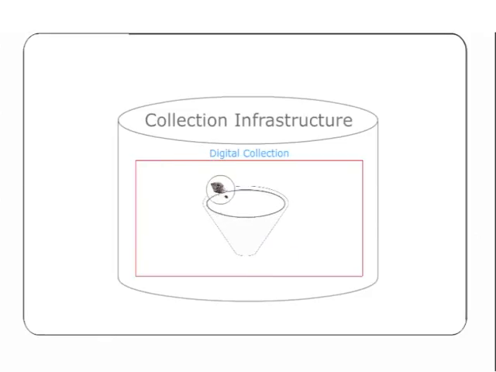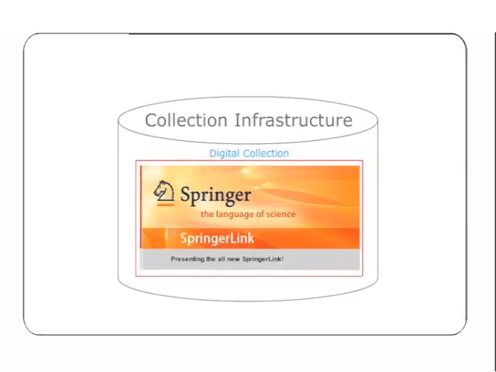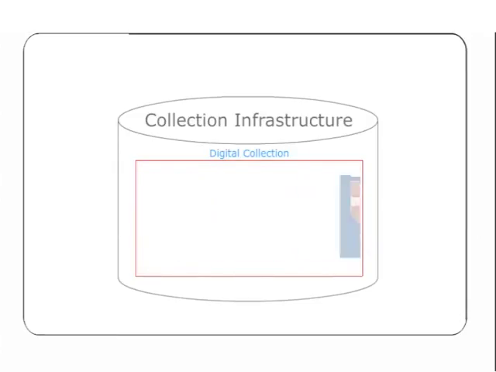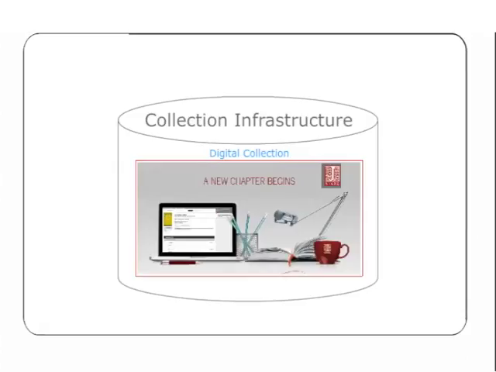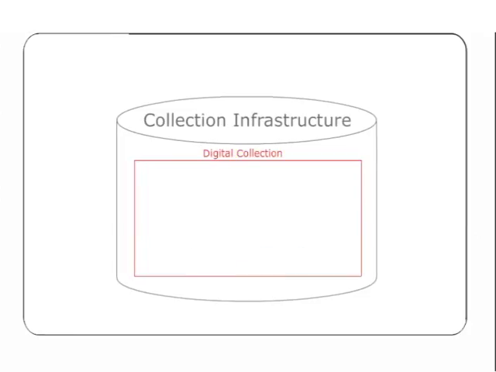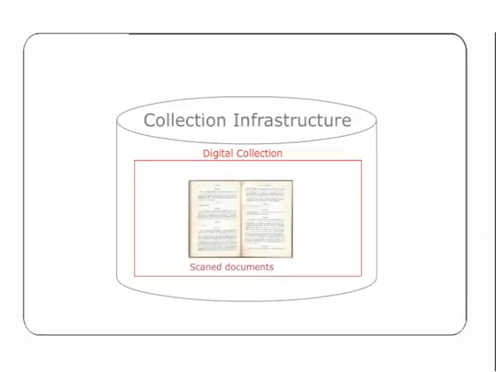Collection of a digital library may consist of e-resources that are licensed or purchased on perpetual access basis from commercial publishers, scholarly societies, university presses, aggregators, as well as new enterprises offering new products and services that may not have its print equivalent.